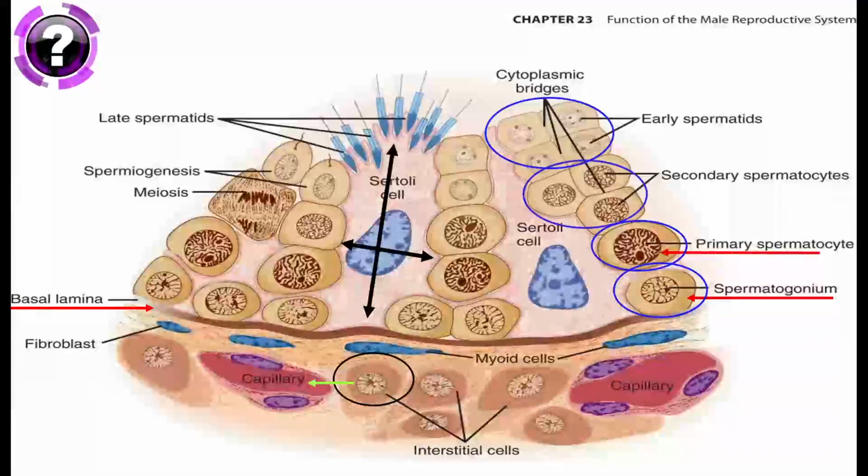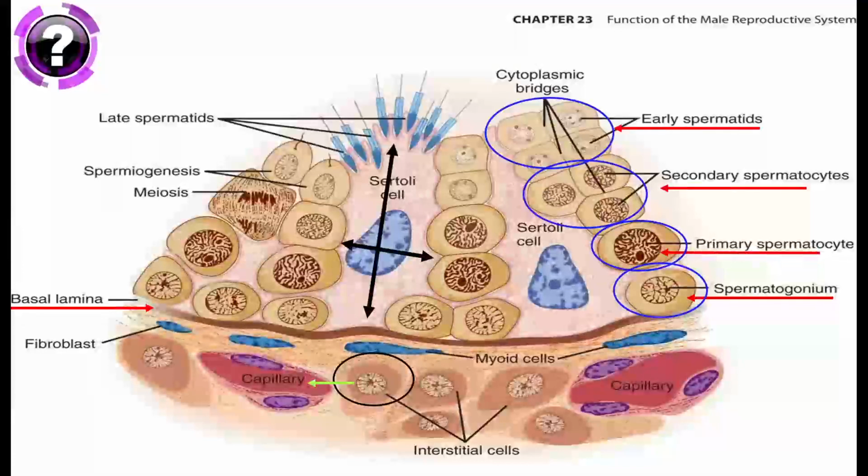And then secondary spermatocytes are going to be nearer to the lumen, although they are difficult to see because they are running a very fast meiosis, and you can see the density of the chromosomes is different from the density of the primary spermatocytes.